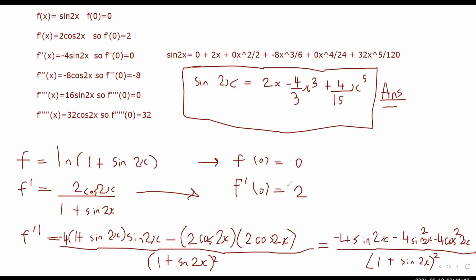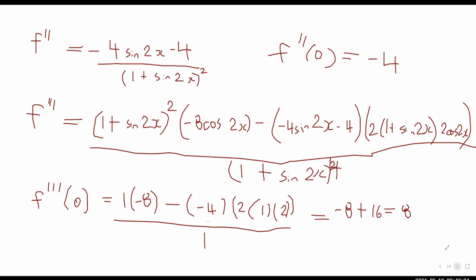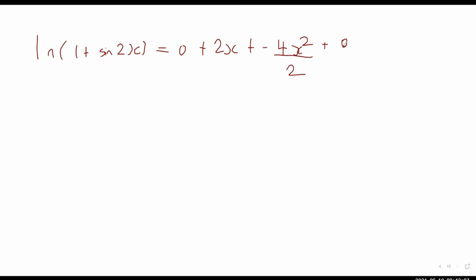So finally, ln of 1 plus sine 2x is equal to f of 0, which was 0, plus f prime of 0, which is 2, so 2x, plus f double prime of 0, which is negative 4, so negative 4x squared over 2, plus f triple prime of 0, which is 8, so plus 8x cubed over 3 factorial, which is 6.